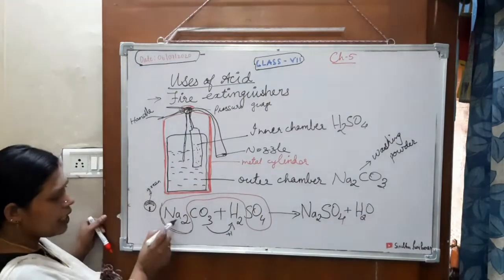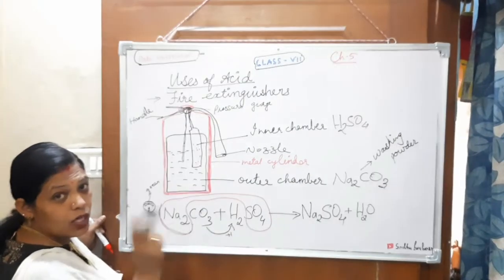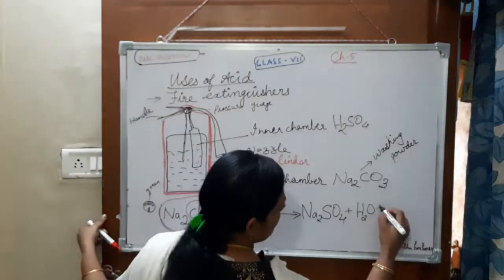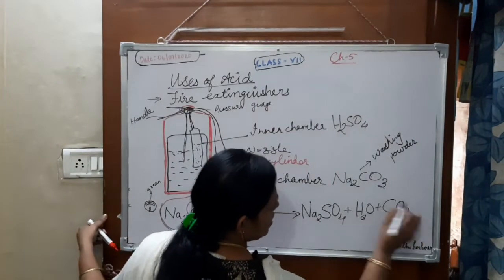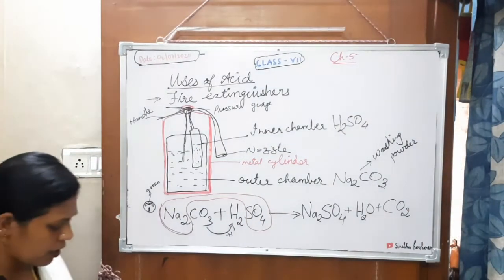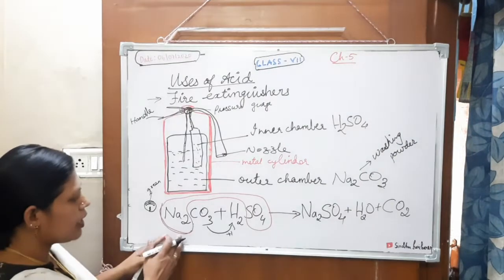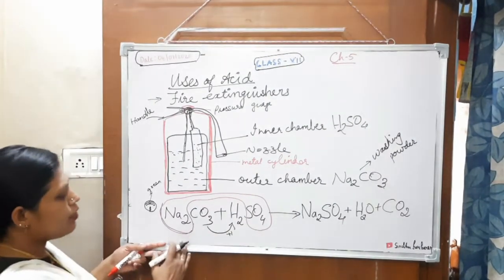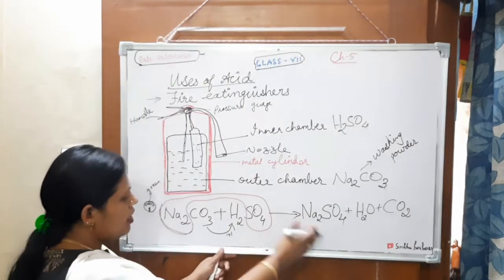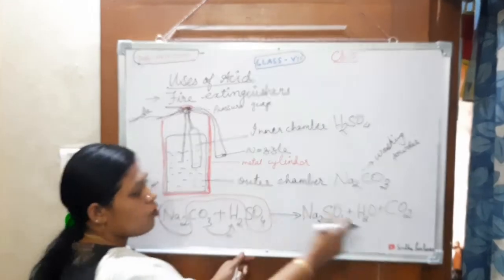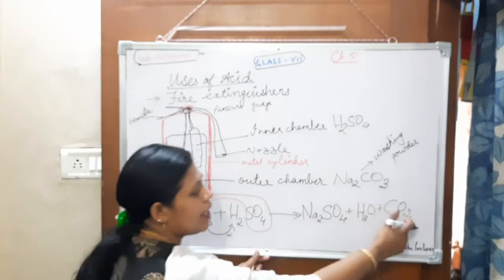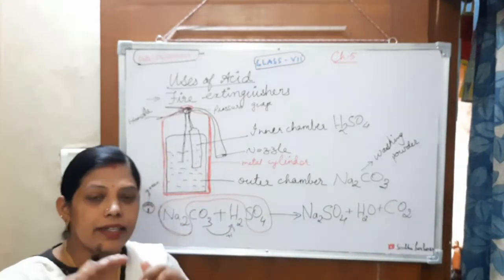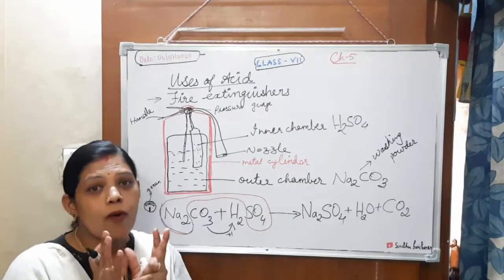Then what is remaining here? Carbon with only 2 oxygen molecules, so it will be carbon dioxide. Understood? So the reaction is: sodium carbonate reacts with sulfuric acid and forms sodium sulfate plus water plus carbon dioxide. The carbon dioxide comes out in the form of foam.